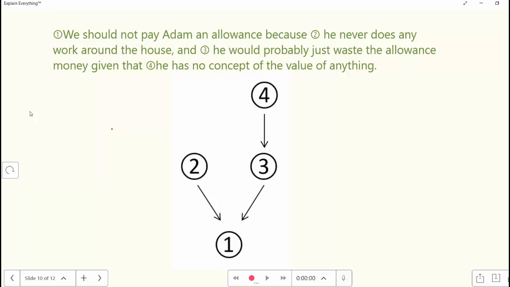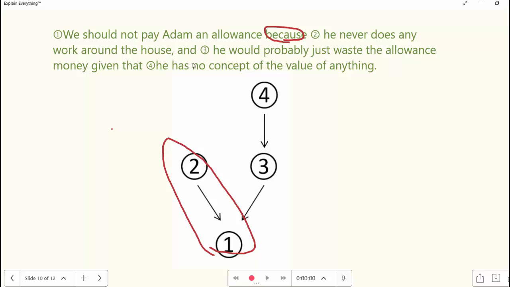So our argument says we should not pay Adam an allowance because he never does any work around the house. So because, of course, is a premise indicator, and what the because tells us is that 2 is going to be one of the reasons why we should think that 1 is true, and that's what we have represented here. The truth of 2 flows down to 1. That's why we should think that 1 is true.